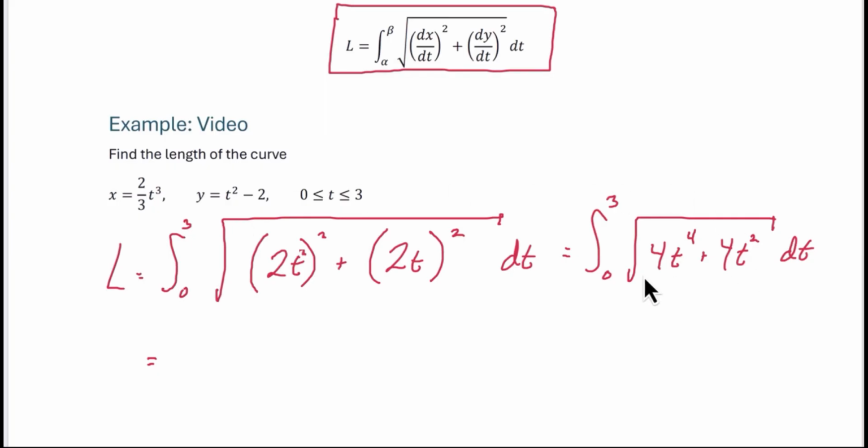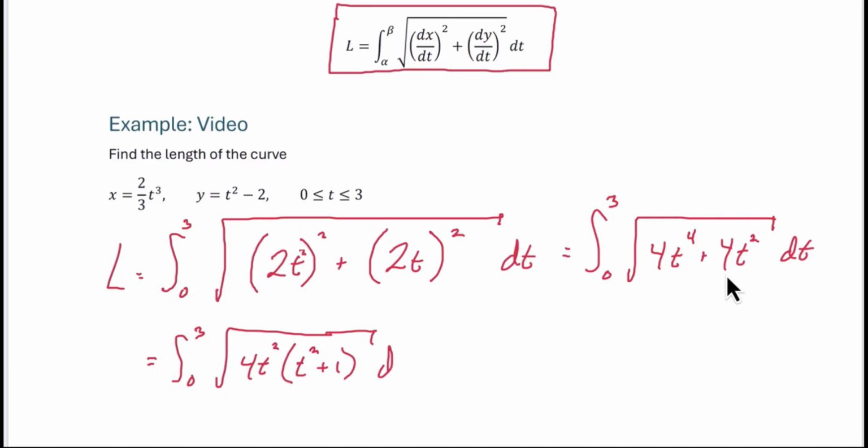It looks like we have a common factor with those two terms, so let's factor out the common factor. We now have 4t squared times t squared plus 1 dt.